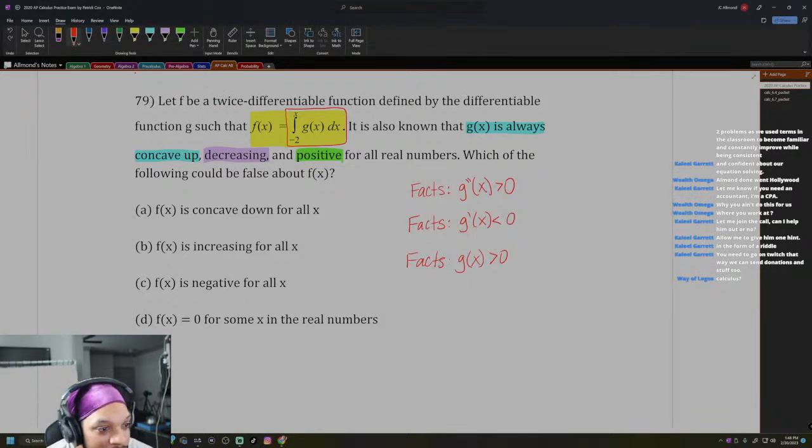Prime it. Yes. And if I prime the right, I've got to prime the left. So f prime of x is equal to g of x, and it tells us that g of x is positive. So that means f prime of x must also be positive.